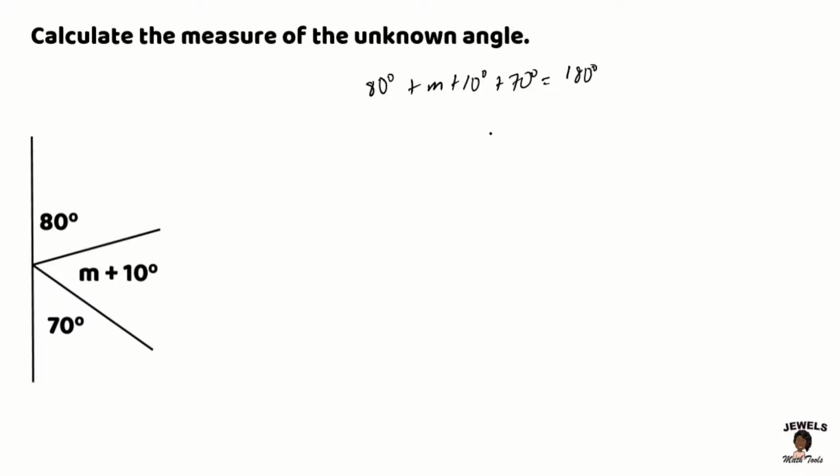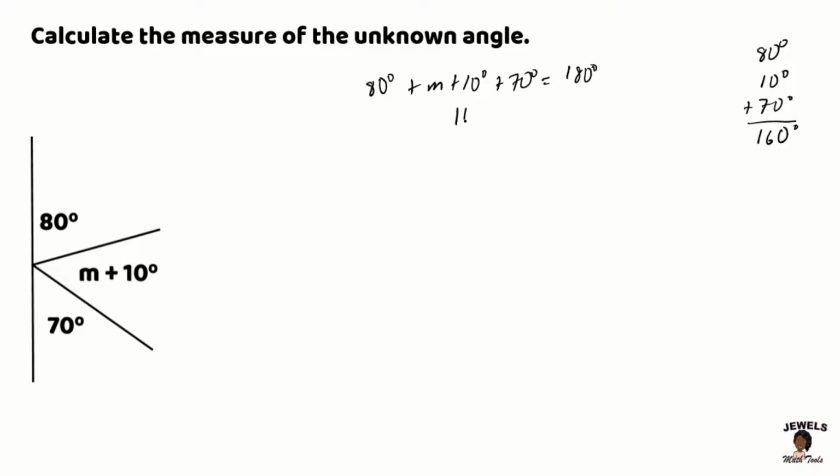Again, we're going to be simplifying our equation first by adding up all the angles that were given to us. 80 degrees will be added to 10 degrees and 70 degrees. So 0 plus 0 will be 0, 8 plus 1 is 9, and 9 plus 7 is 16.